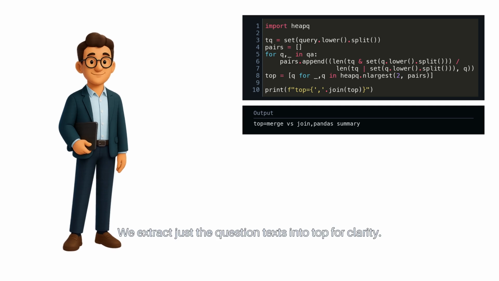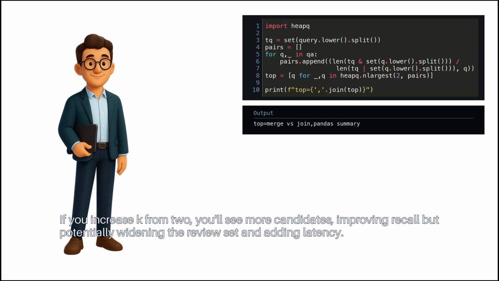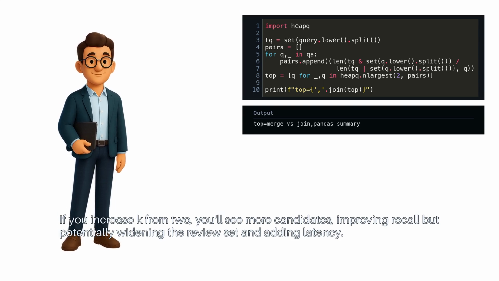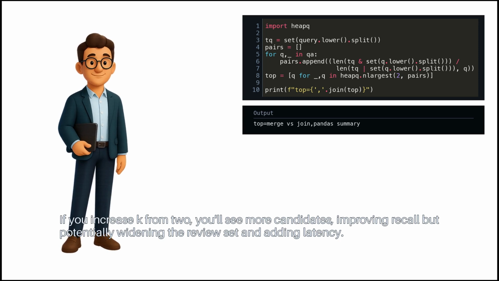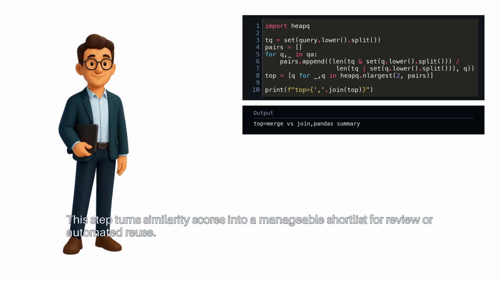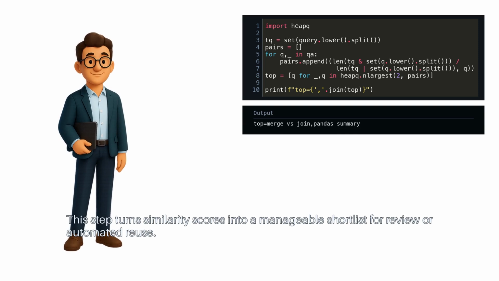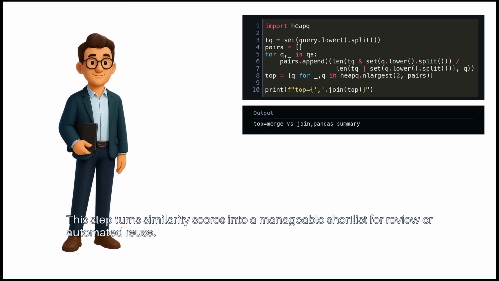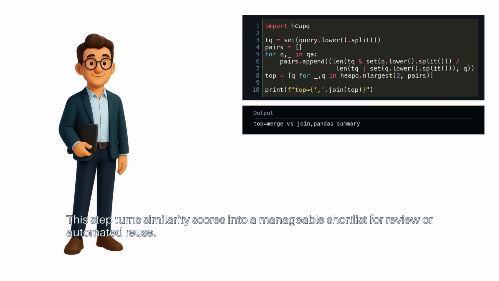We extract just the question texts into top for clarity. If you increase K from 2, you'll see more candidates, improving recall, but potentially widening the review set and adding latency. The printed list shows the highest value reuse options in order. This step turns similarity scores into a manageable shortlist for review or automated reuse.